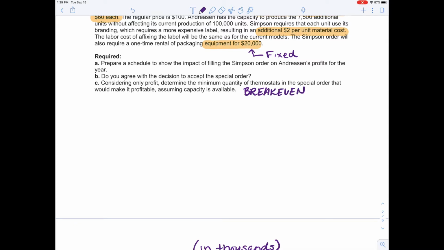How much do they have to sell to break even? So I need to consider my fixed cost and pull in some information from that last chapter, which is fixed costs over my contribution margin per unit.